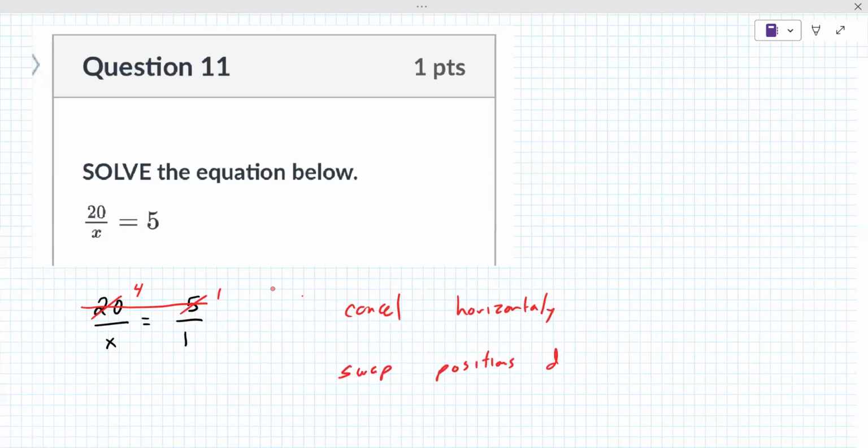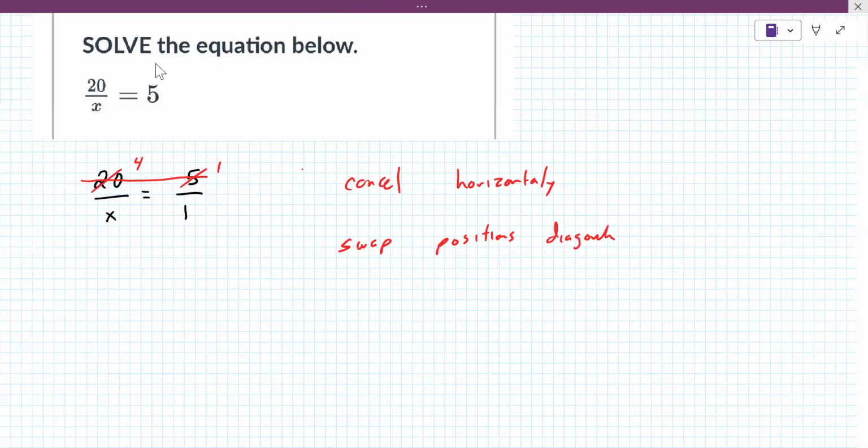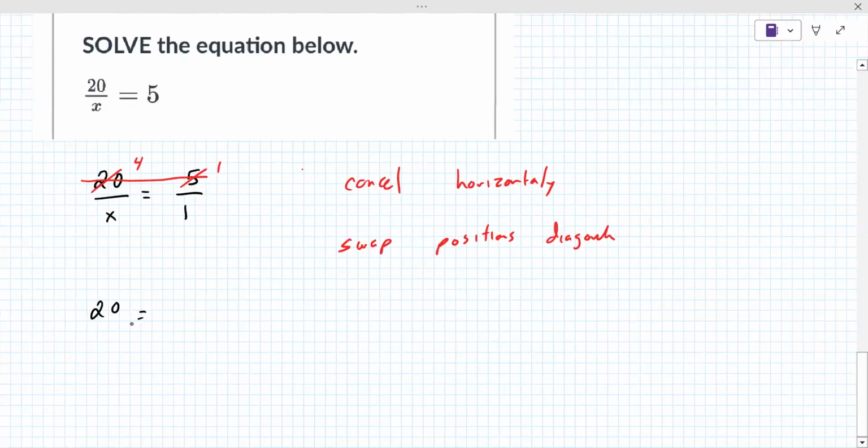Make it 5 over 20 and 1 over x. But you'd only want to swap one position. So you'd want to swap the x and the 5. Why do you think we would do that? Because you want x to just be x.